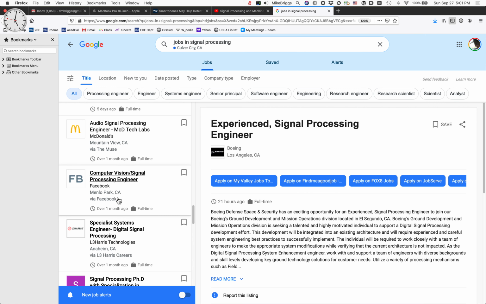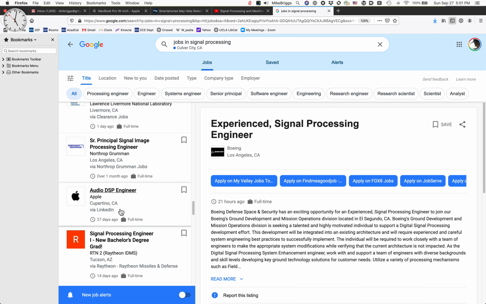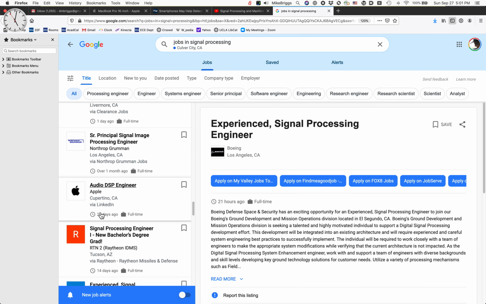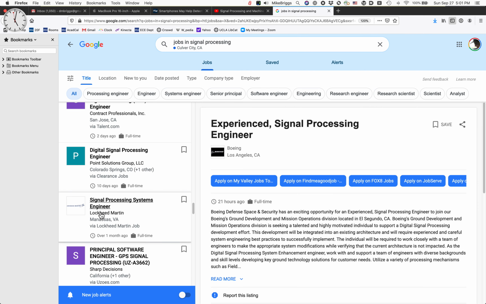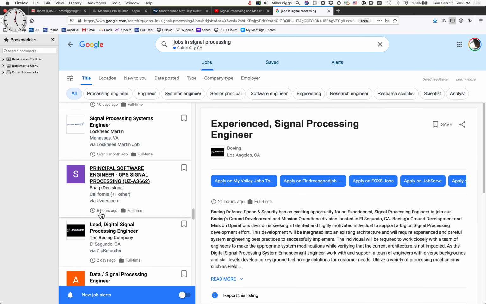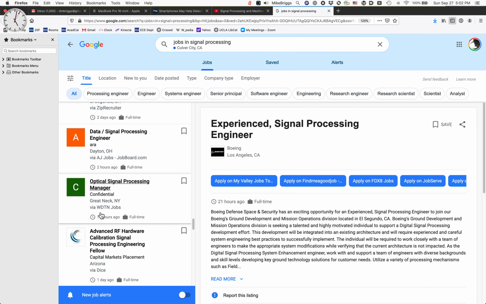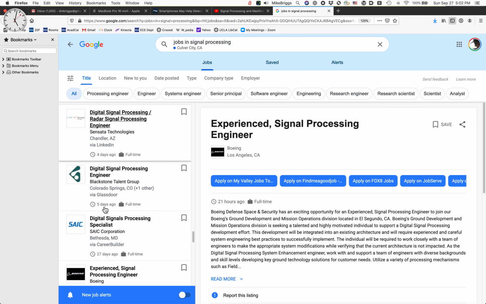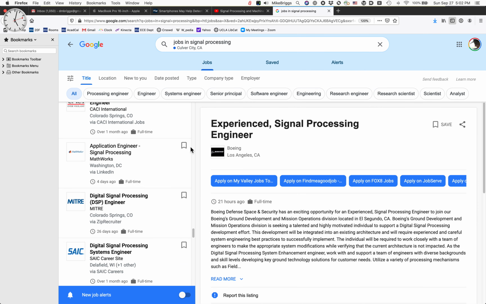Interesting. So there are lots of them in here. Audio DSP engineer for Apple. Lots of different ones, some defense kinds of things and others that are not. I don't think McDonald's is a defense company. So anyway, lots of different jobs for people in digital signal processing. I just thought I'd show that to you.